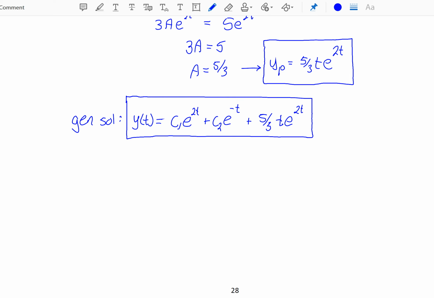If we were given an IVP, now we would move on and look for our constants C1 and C2. But I'm going to stop this part of the example here because I think it's sufficient. And I would like to leave you with a note of encouragement.